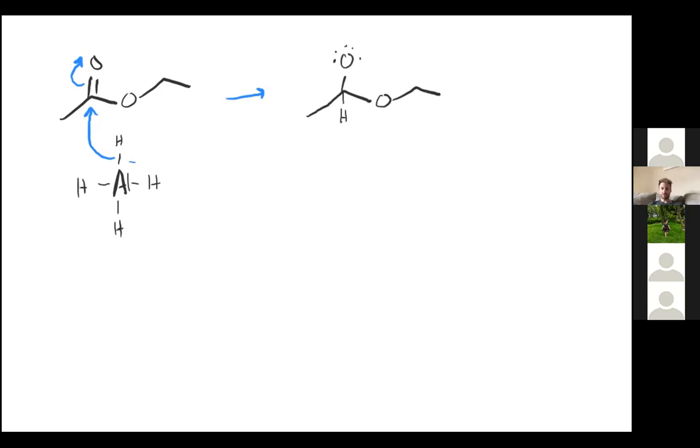From this point here, our electrons on this negatively charged oxygen are going to try to come back down to reform a carbonyl. And when they do so, it's going to push out our first alcohol.